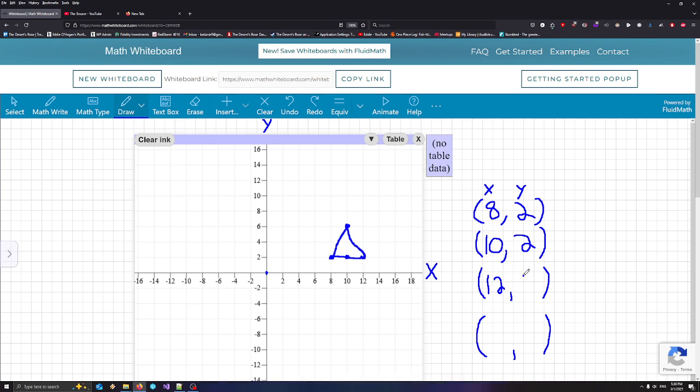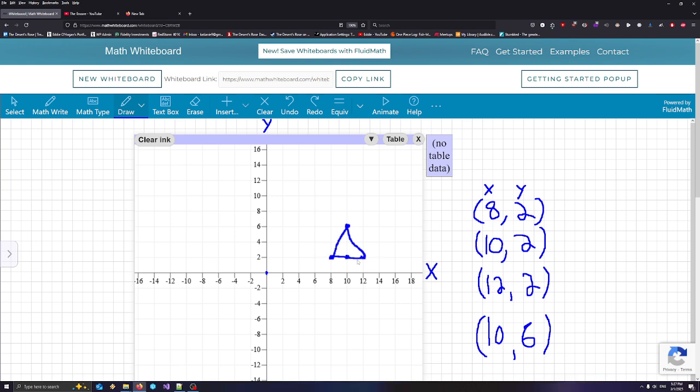Is 2. And now our last point, we go 2, 4, 6, 8, 10, and then up to 6. 10, 6. And this is basically how we plot points.